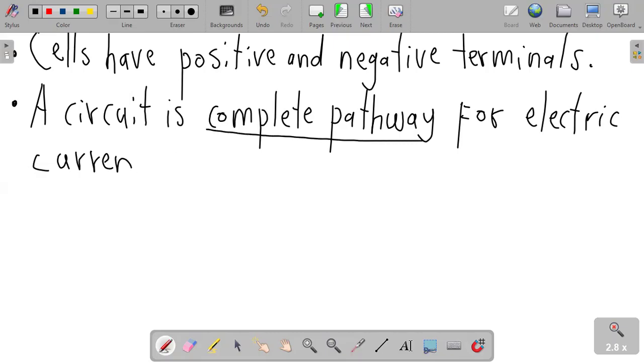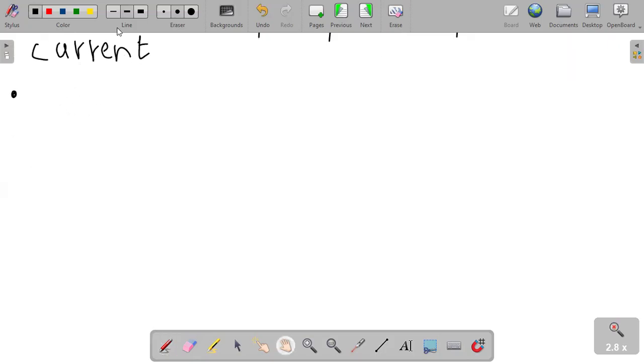The key word here is complete pathway. It means that there shouldn't be any open switches on the circuit.